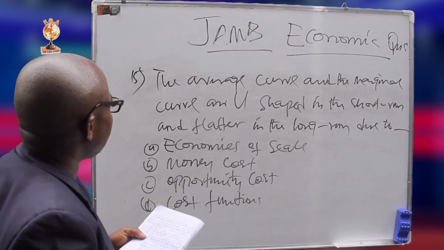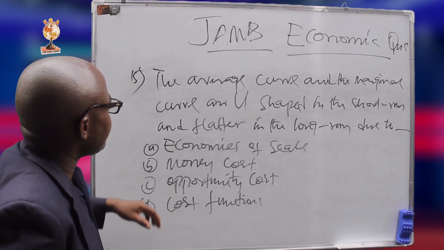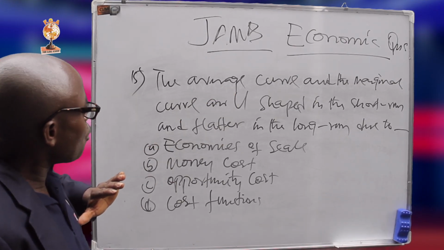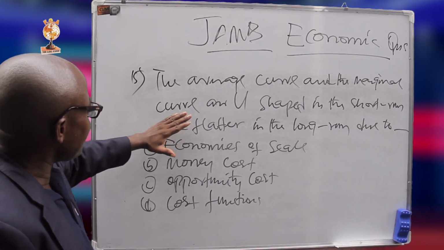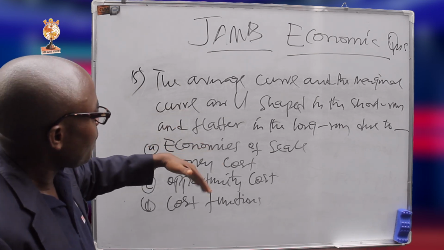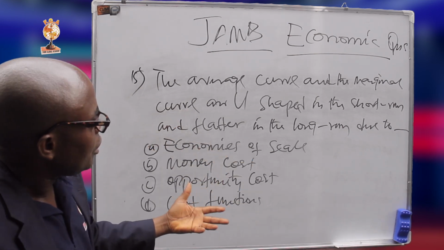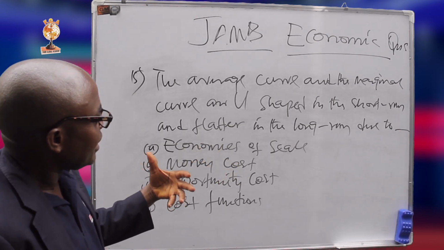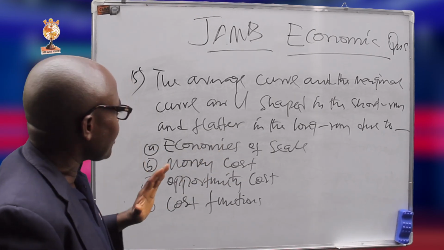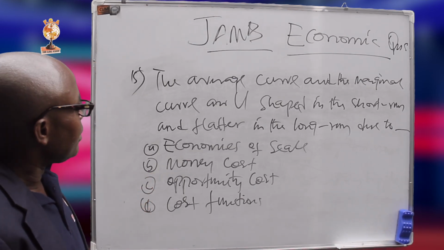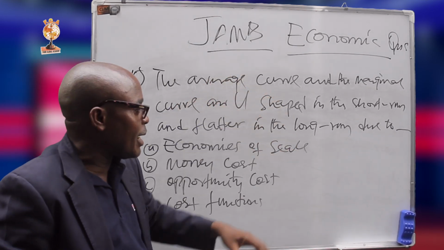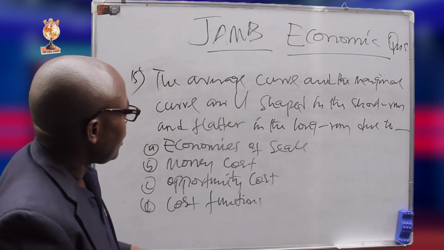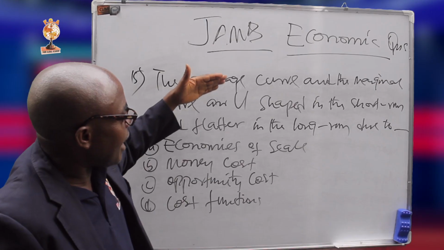Now, question number 15, we have that the average curve and the marginal curve are U-shaped in the short run and flatter in the long run due to dash. Now, in economics, you can't do without the U-shape, the demand and the supply.